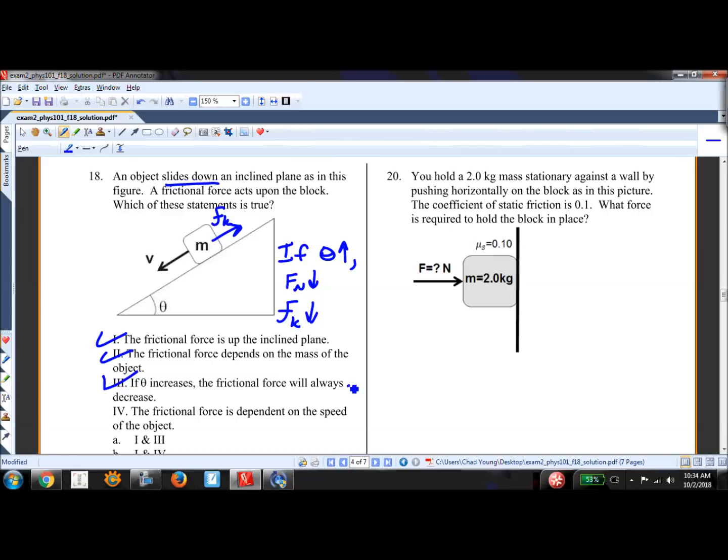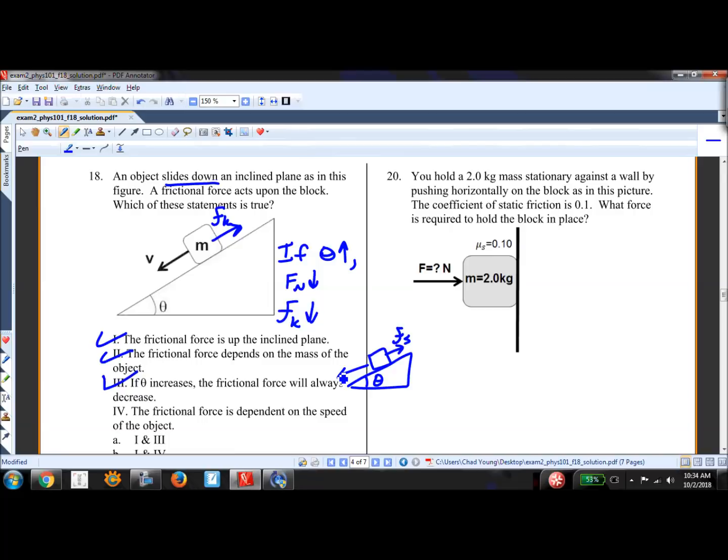Because if I have an object that's not sliding, I have an object that's sitting there with a static frictional force. In this case, the static frictional force is just enough to hold the thing in place. But if I increase theta and the object continues to stay static, then the static frictional force has to increase because I have a greater component of the weight acting down the inclined plane.